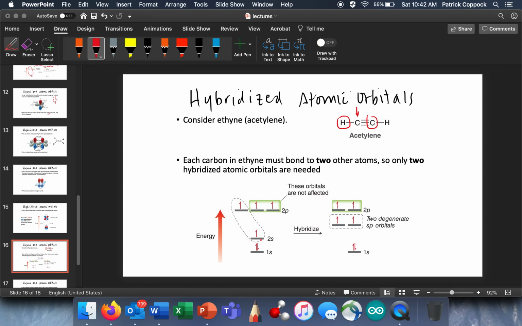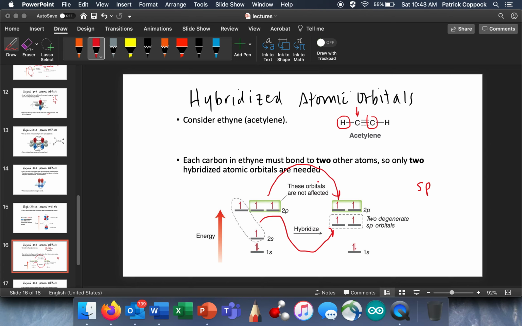If it's one s orbital and one p orbital, then we're going to call it sp hybridized. Can you see how these two here got converted to make the hybridized orbitals, where they're two equal energy or degenerate sp orbitals, and these two remain unhybridized?